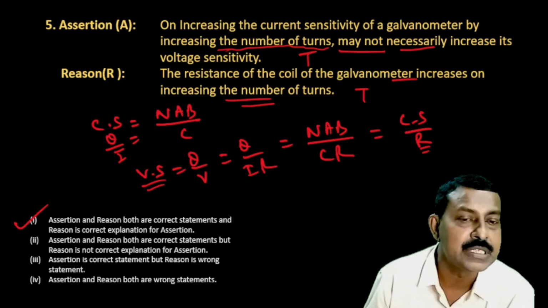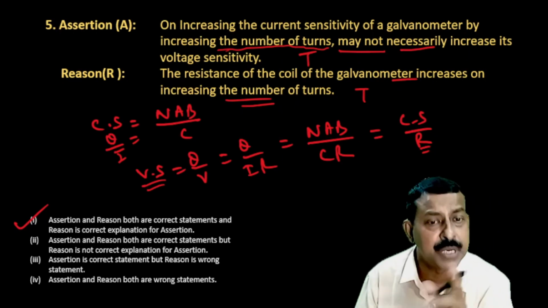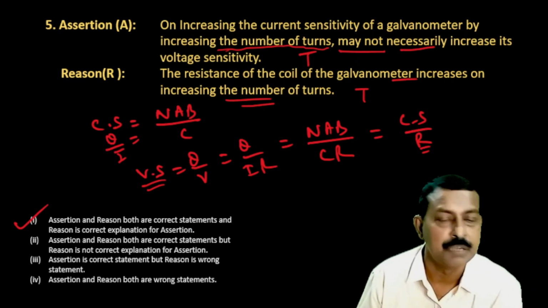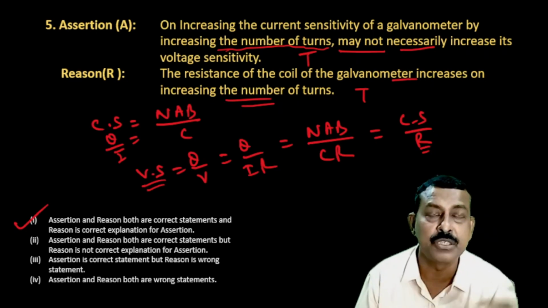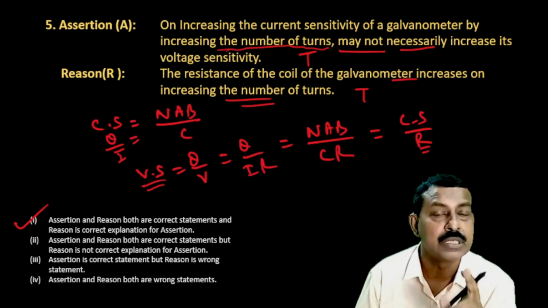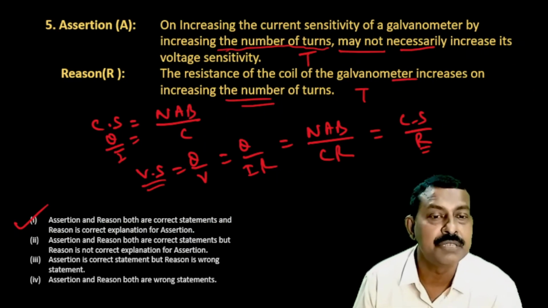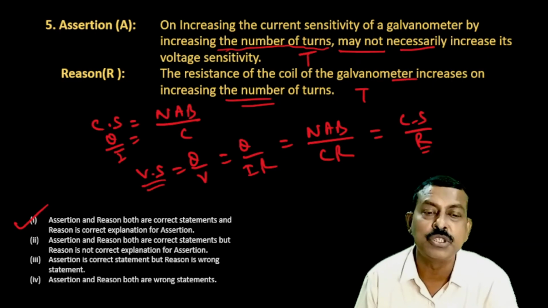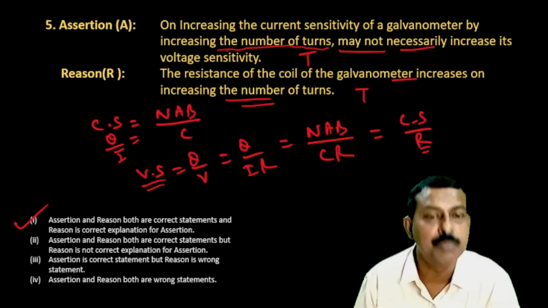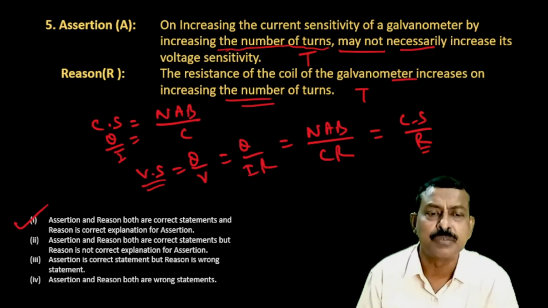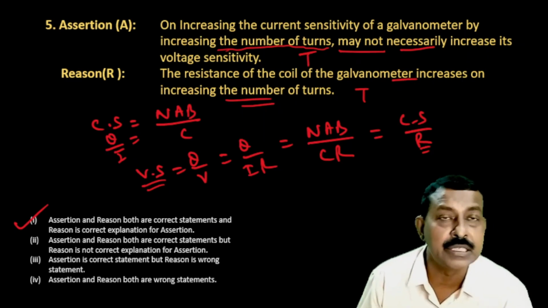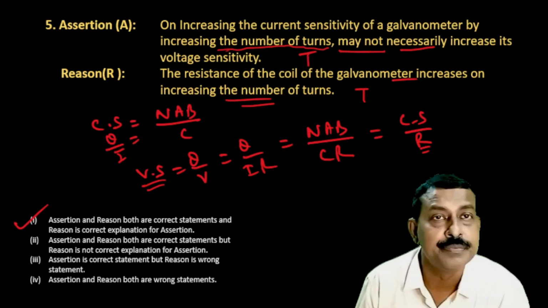Remember, if it is said that on increasing the current sensitivity, but the number of turns of the coil is not mentioned, that is, on increasing the current sensitivity of galvanometer, voltage sensitivity may or may not increase, because if it is just said that current sensitivity is increased, it may increase due to a change of N, it may be due to a change of A. So in that case, voltage sensitivity may change, or we will have to see that it is also changing by the same amount.